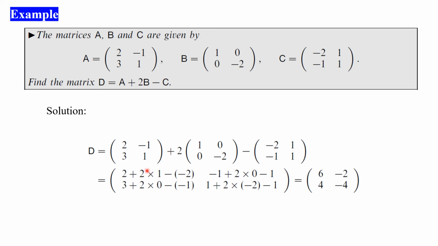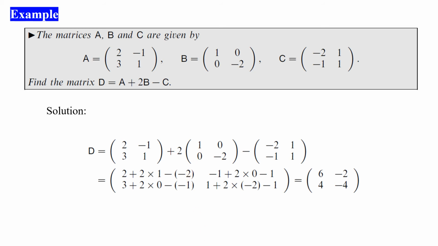Okay, so what we do is add 2 plus 2 times 1 minus negative 2, and that will be your D11. So you have 2 plus 2 times 1 minus negative 2.